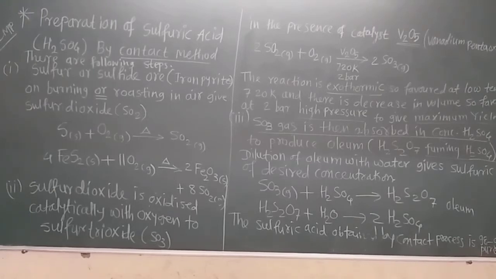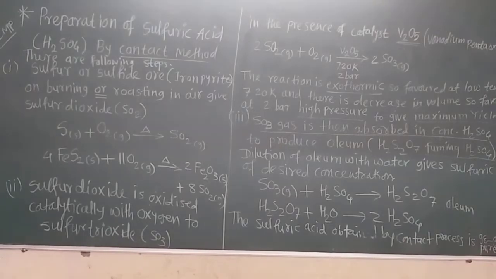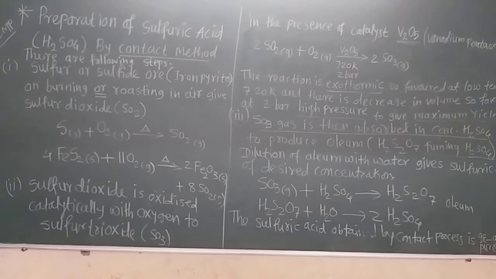Fuming means continuously large amounts of vapors are coming from it, and that fuming sulfuric acid is called oleum. Very concentrated sulfuric acid, oleum. Continuously vapors are coming from that. The molecular formula of oleum is H2S2O7.